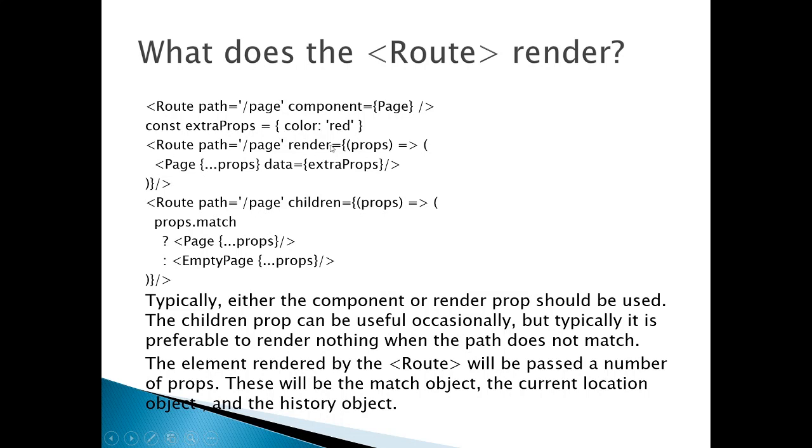You can directly call the component inline, and you can also pass the children, and it will match with this. If this matches, it will open, else it will be empty. So it is rarely used in our React application. Normally we use these two options: either we call the component, or we call the renderer, which alternatively calls the component and provides us the feedback.